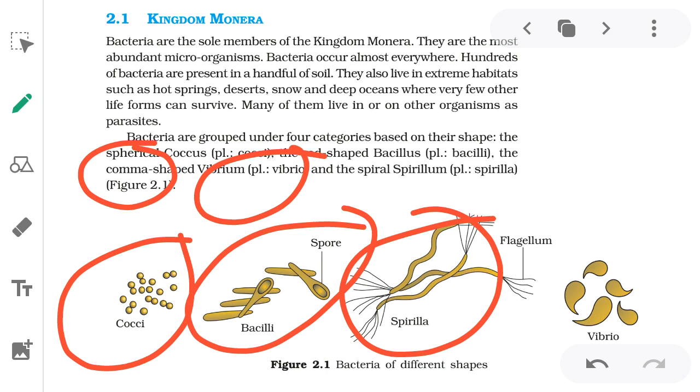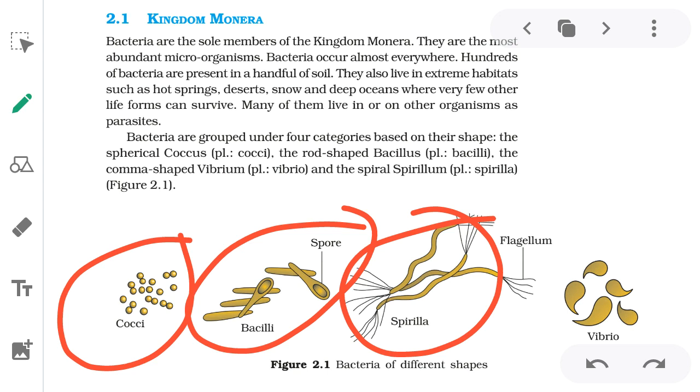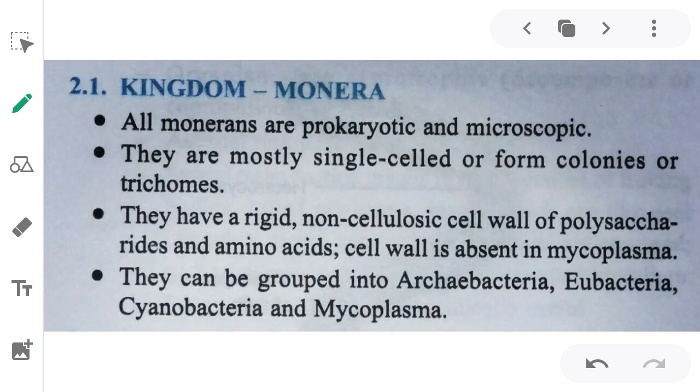And the last one is spirillum, that will be spiral shaped, as the name suggests. You have seen in your file the spiral binding, it looks like that, a spiral. So these are the 4 bacteria categories on the basis of their shape.